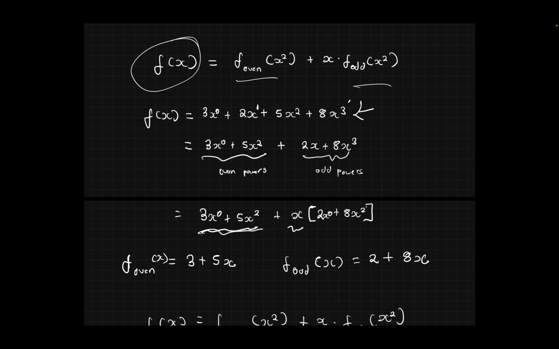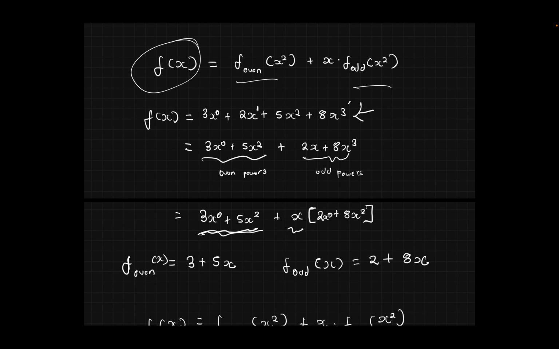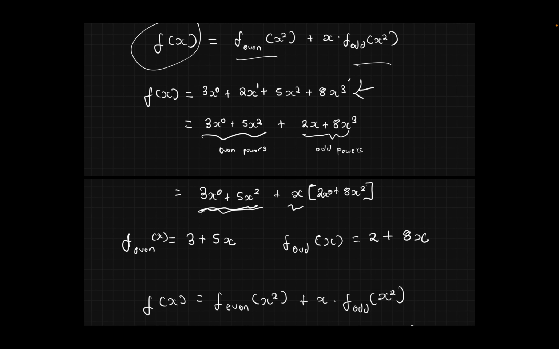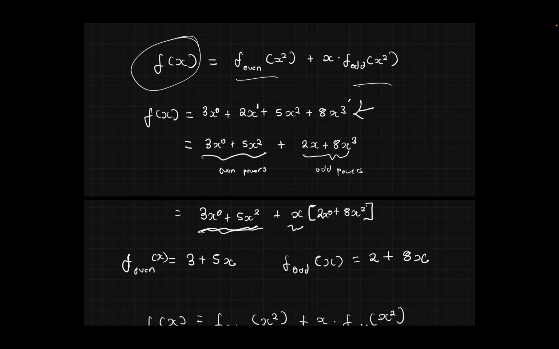The naming came from the way we split them up initially. The way we split them up initially was that we moved all the odd powers to one side and moved all the even powers to another side, right? And that's where the even and odd is coming from. It's not necessarily that this is an even powered polynomial and this is an odd powered polynomial. At this point it was still like even parts, odd parts. But once we factorized out the x, that other side also became an even function, right?